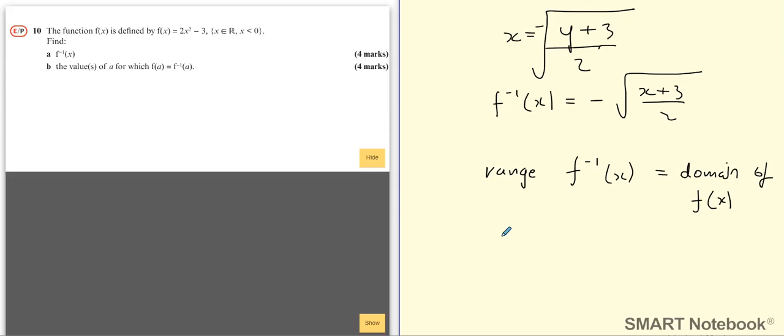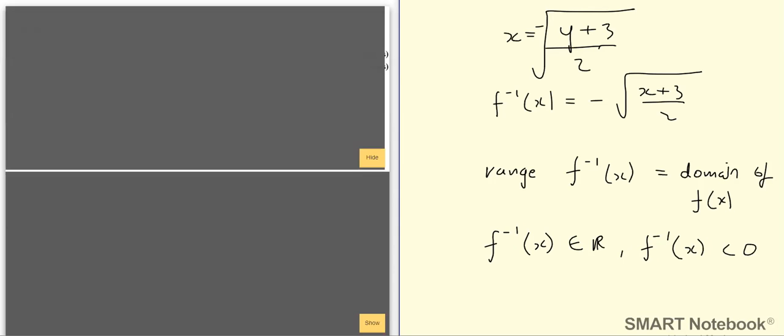All we are then going to do is say f minus 1 of x can be any real value as long as f minus 1 of x is less than 0. Does that make sense? Can you please let me know in the chat if you are happy with that?